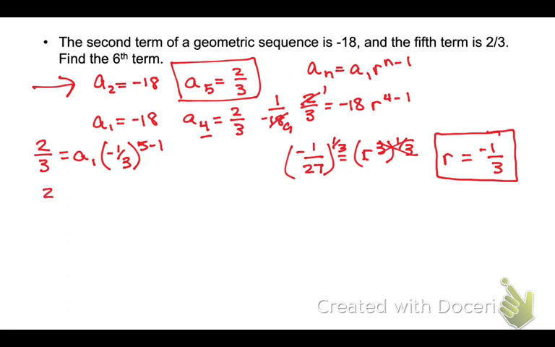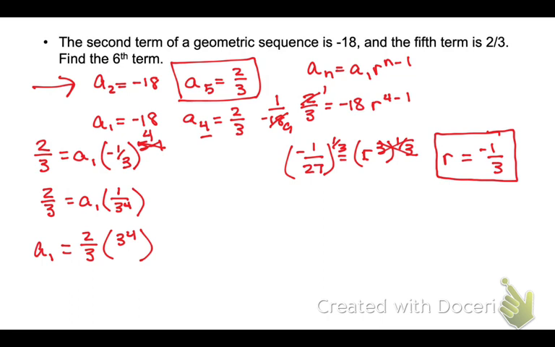So you have 2/3 equals a sub 1 times 1/3 to the 4th. 1/3 to the 4th is a positive number, so I'll make it 1 over 3 to the 4th. That's multiplication, so I now multiply by the reciprocal. So a sub 1 is going to equal 2/3 times 3 to the 4th.